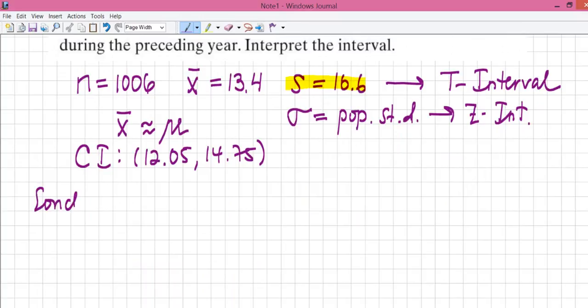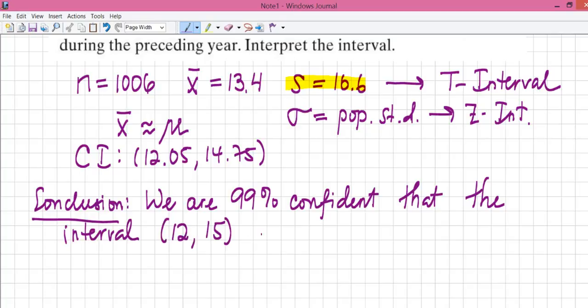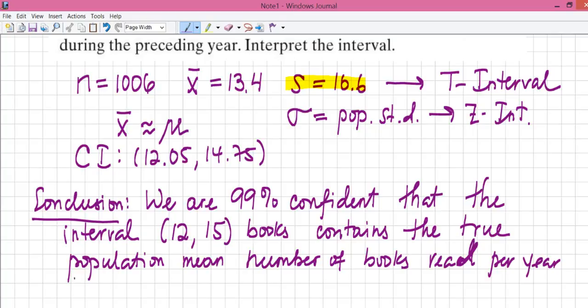Conclusion. We are 99% confident that the interval, let's say 12 to 15 books, contains the true or the actual population mean number of books read per year by all Americans.